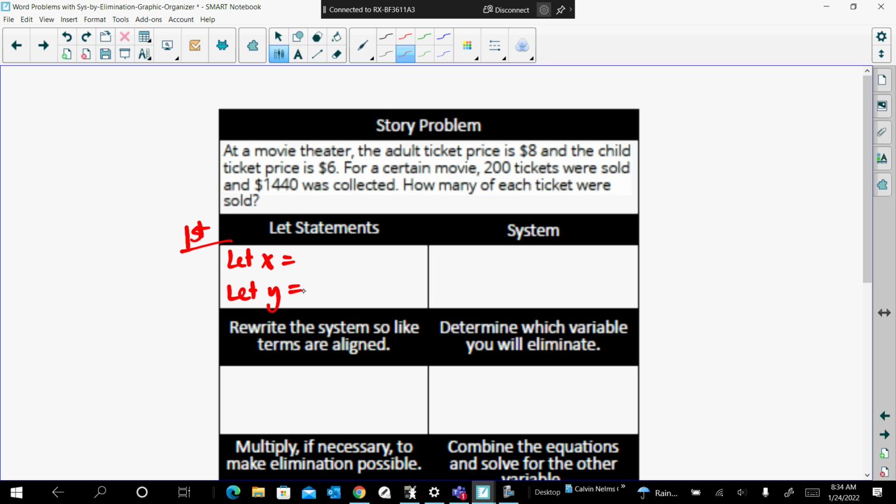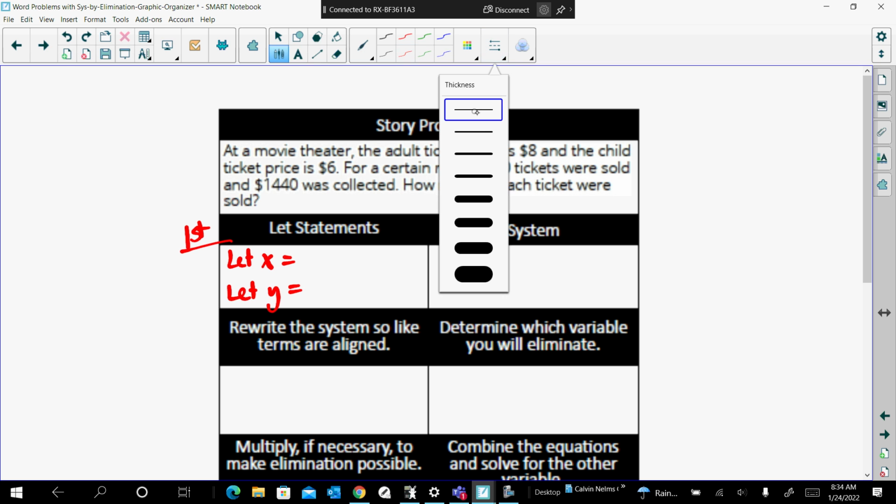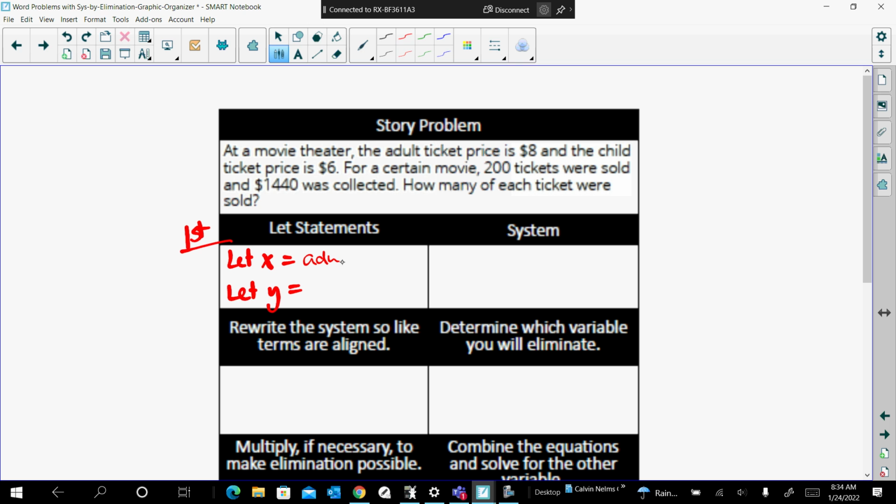So what could I let my x represent? Yeah, we're going to let x equal adult tickets, and y can be child tickets. All right. So from there, we're doing step 2, which is to write a system of equations.